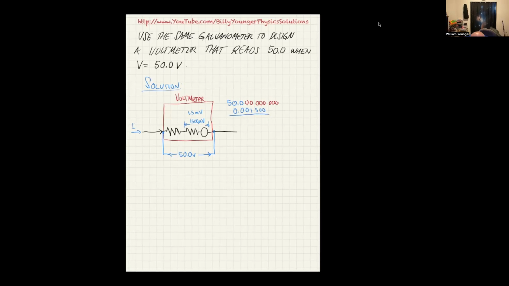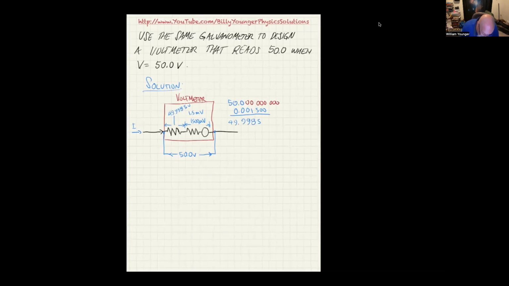If I do the subtraction, I get 50 minus 1.5 e to the negative 3, and that subtraction gives me 49.9985. So that's the volts that has to be across this part: 49.9985 volts.